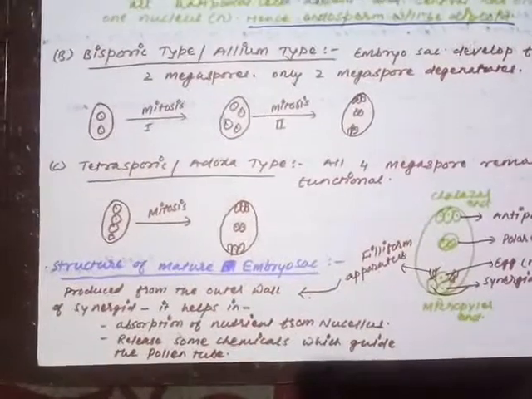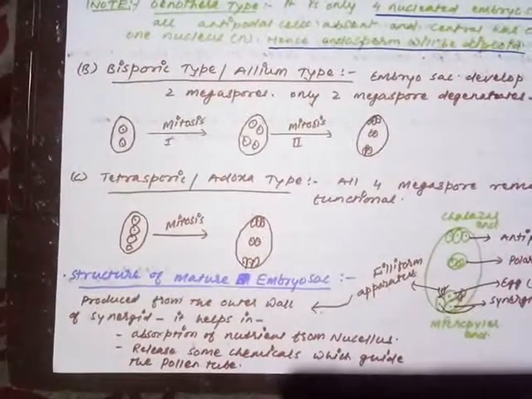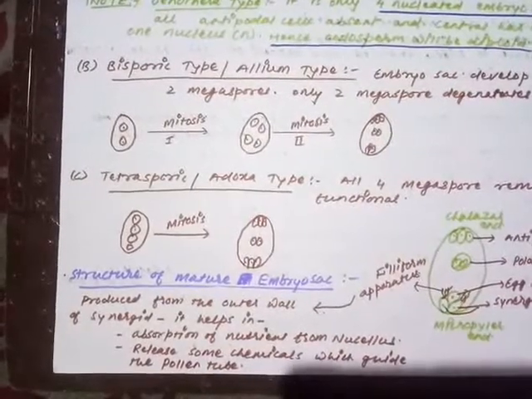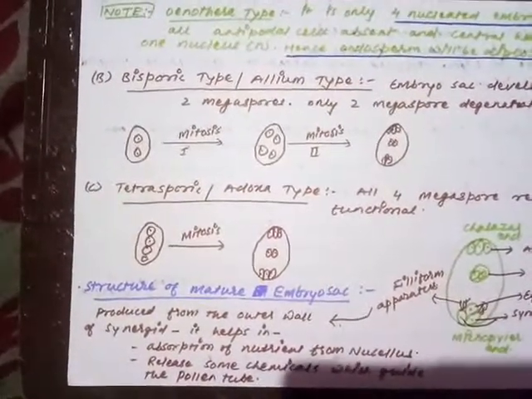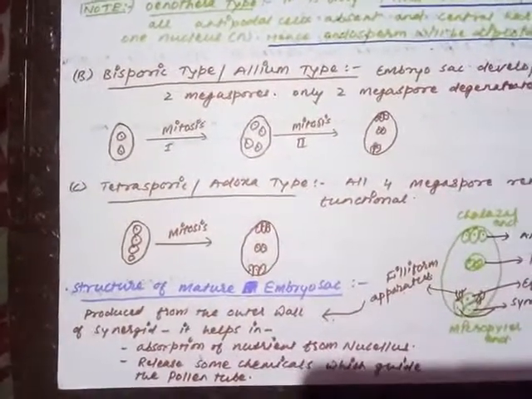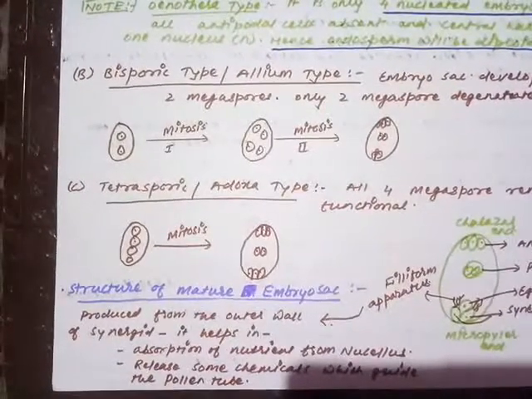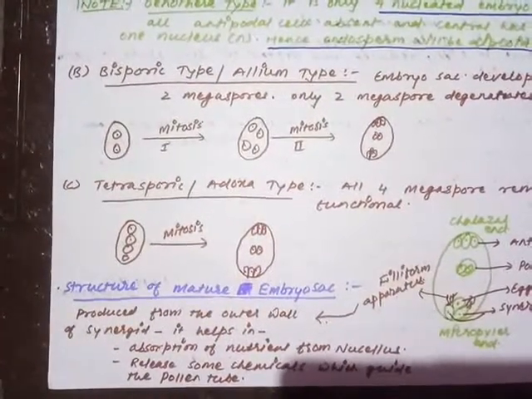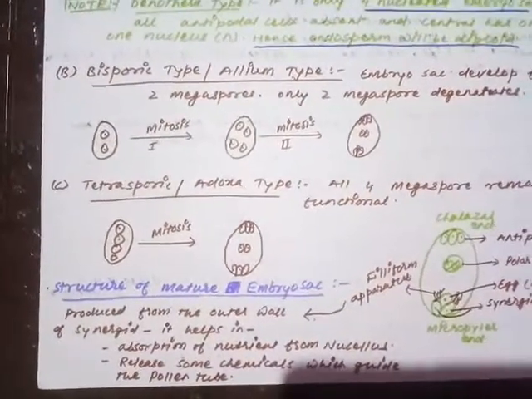Out of these linearly arranged megaspores, 3 toward the micropylar end degenerate. Only 1 remains functional, which is lying on the chalazal end. This is a very crucial point. The megaspore toward the chalazal end remains functional and will take over the complete responsibility of development of the female gametophyte.